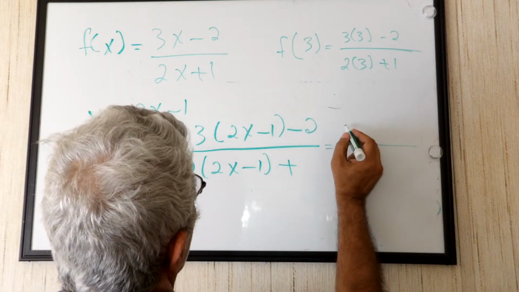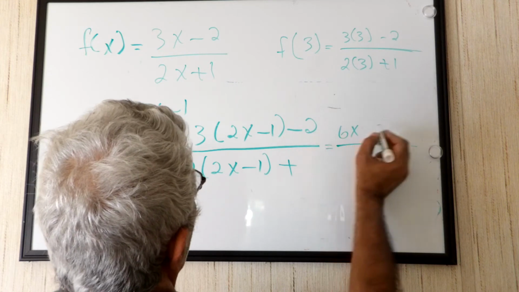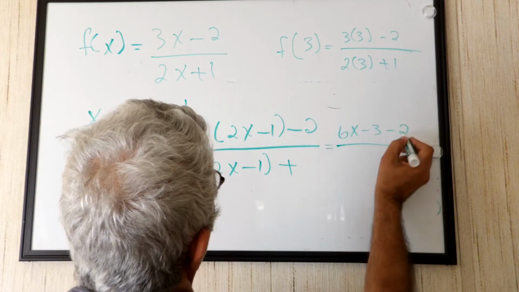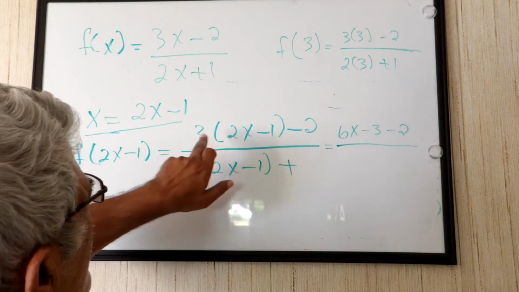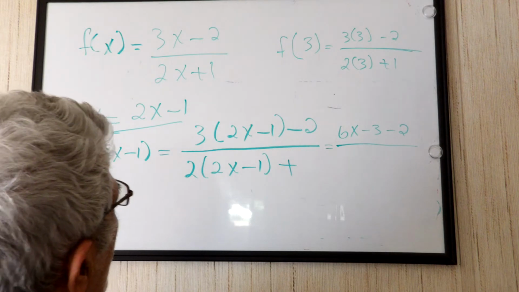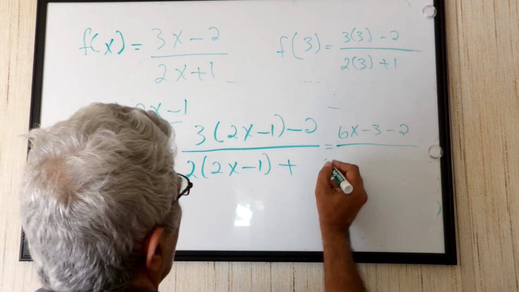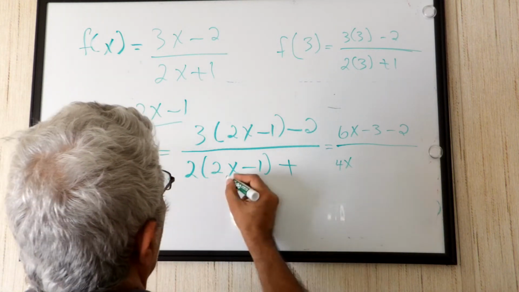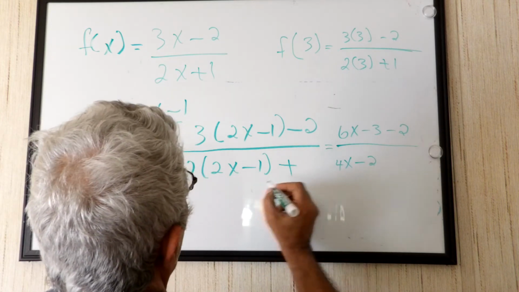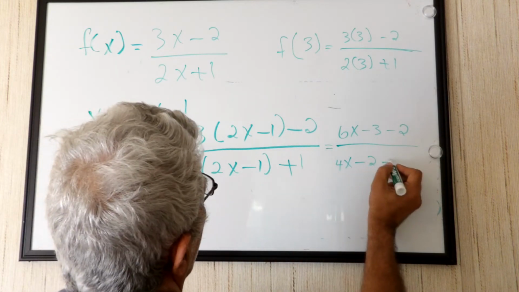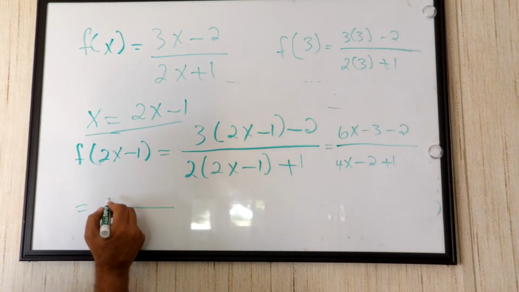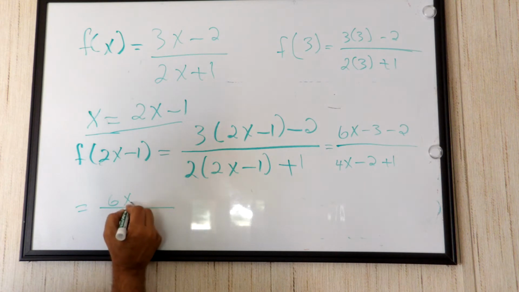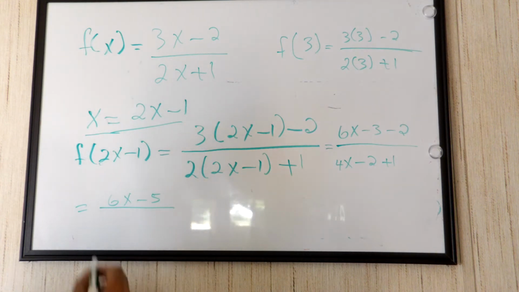Distributive law: 6x minus 3 minus 2, right? We multiply this to the parentheses, it's going to be 6x, and then 3 times minus 1 is going to be minus 3. And then here we have 4x minus 2, this is plus 1. So if we simplify, 6x minus 5 and 4x minus 1.